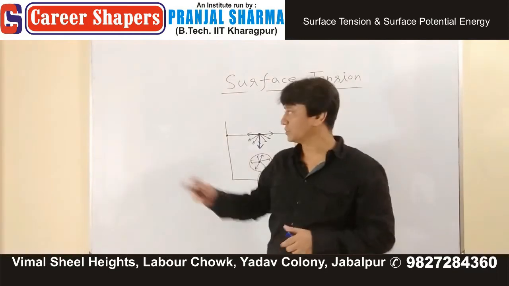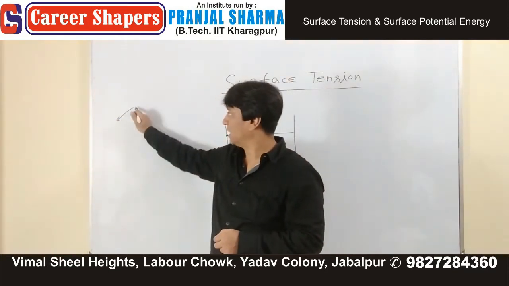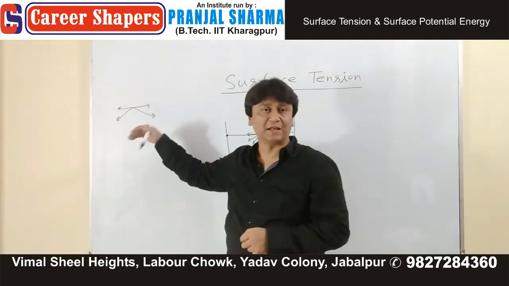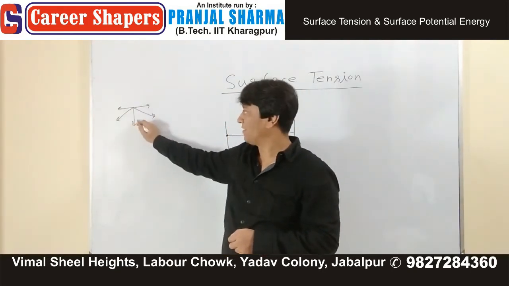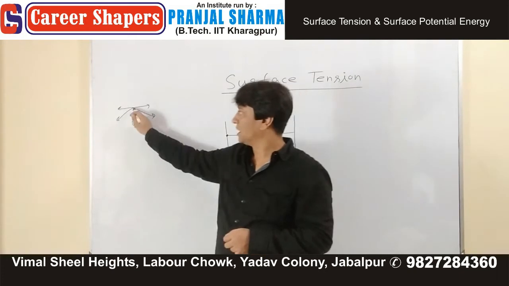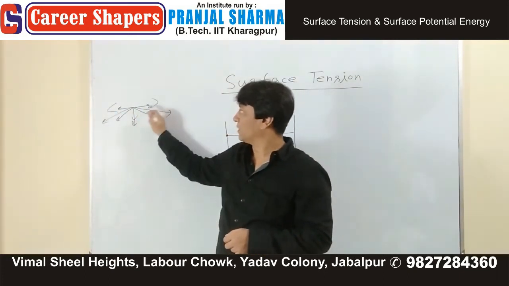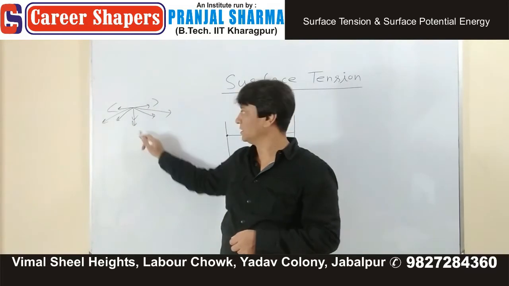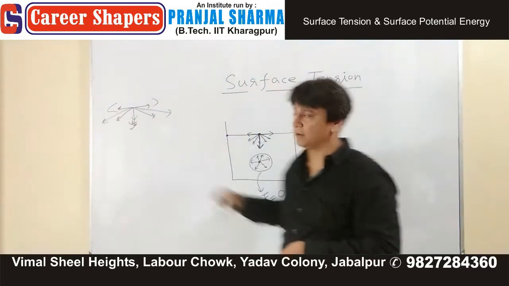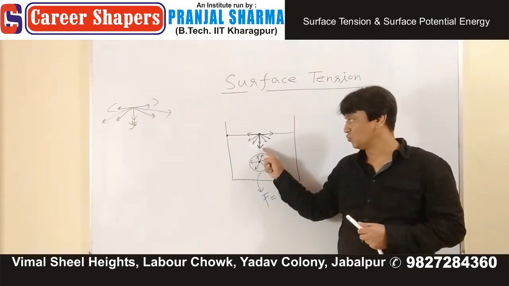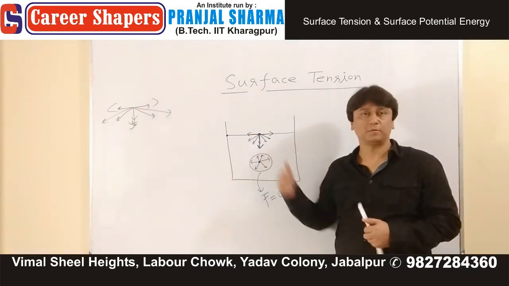All these forces, this and this, the horizontal components, they will cancel each other and you are left with vertical components. Any force, their horizontal components will cancel and you can simply add the vertical components, giving us what? A net downward force in this form.